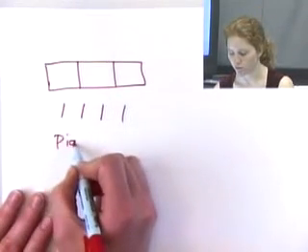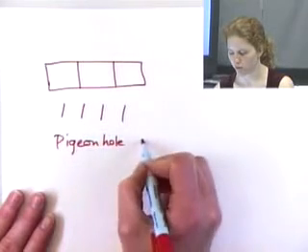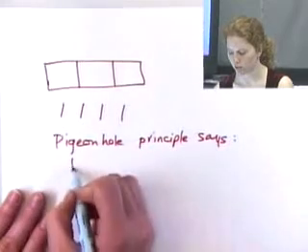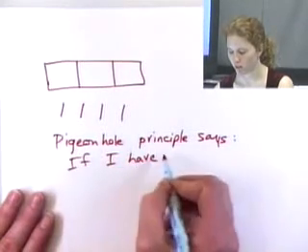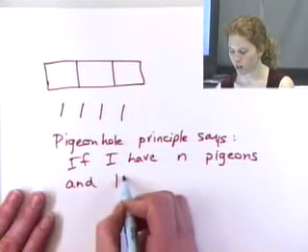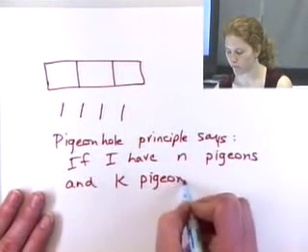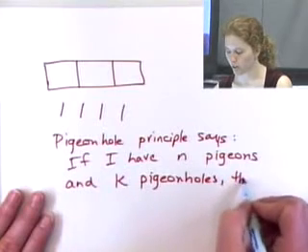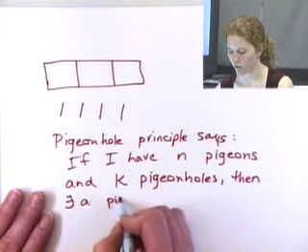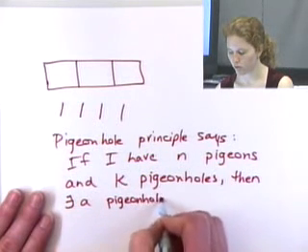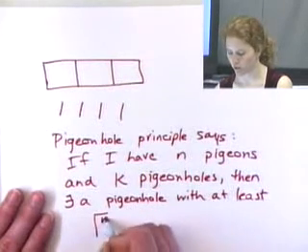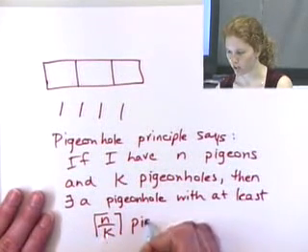So the pigeonhole principle says if I have n pigeons and k pigeonholes, then there exists a pigeonhole with at least the ceiling of n over k pigeons.